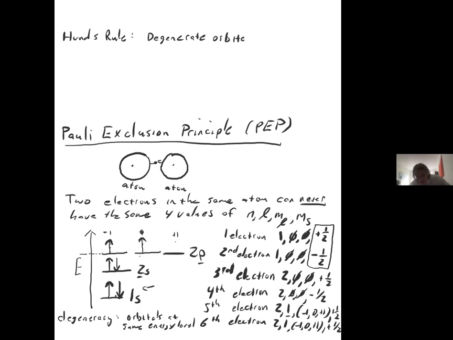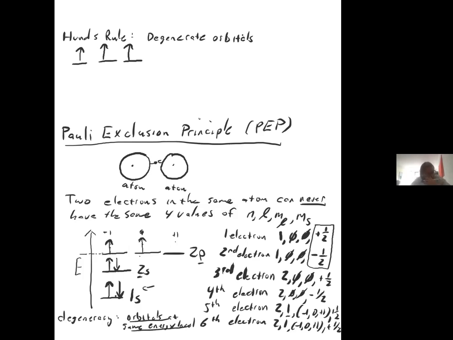Degenerate meaning the same energy, right? Orbitals at the same energy level, okay? What they tend to do is they tend to spread out one by one into separate orbitals because those orbitals are at the same energy.